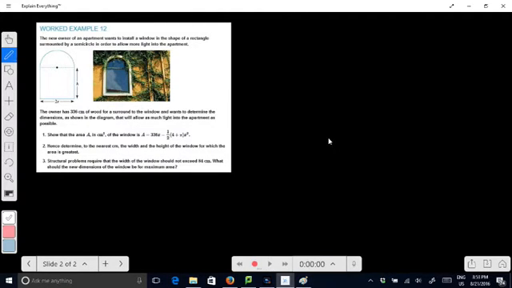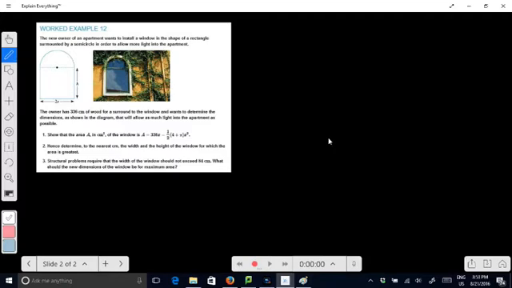Example 12. A new owner of an apartment wants to install a window in the shape of a rectangle surmounted by a semicircle in order to allow more light into the apartment. At the moment, the owner has 336 centimeters of wood for a surround of the window and wants to determine the dimensions, as shown in the diagram, that will allow as much light into the apartment as possible.